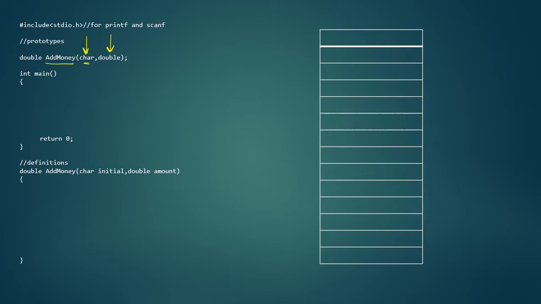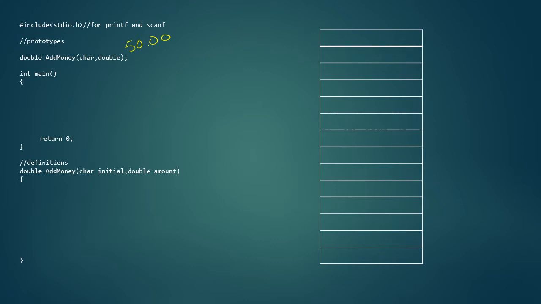The double is going to be the amount of money that the user has in an account. This function is going to ask the user how much would you like to add to your account, and then return that. So for example, if the user has $50 in their account and they ask the user how much would you like to add to your account, and the user says, oh, I'd like to add $10 more to that account, then the function will return $60. All right, so that's what this function does.